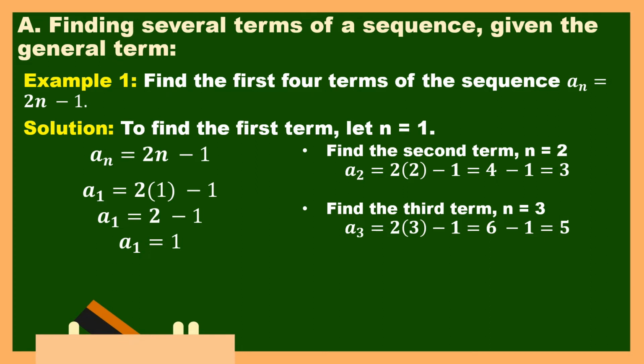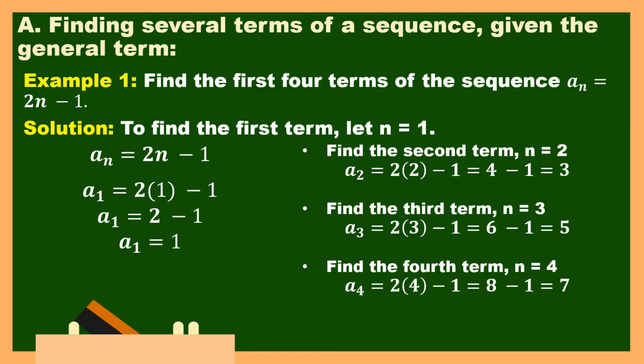6 minus 1 is equal to 5. 5 naman ang value ng ating third term. And para mahanap naman ang kanyang fourth term, we will let n equals 4. Papalitan naman natin dito si n ng 4.